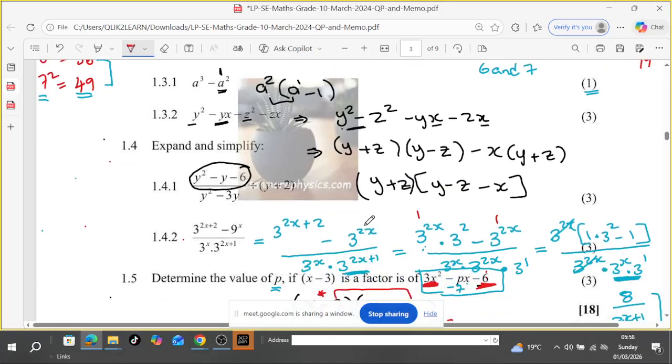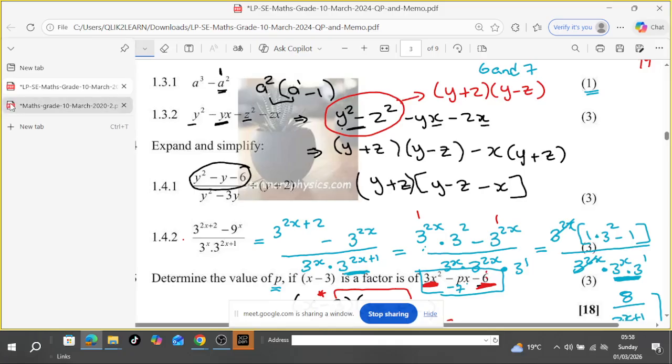Oh yes, you still remember how I showed you how to factorize the difference of squares? We said this will be y plus z, and the other side will be y minus z.